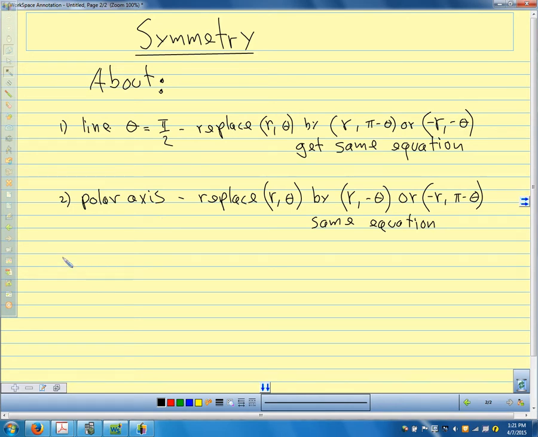And then finally, we're going to talk about symmetry about the pole. And the pole, when we're talking about polar coordinates, what do we mean when we say the pole? The origin. So symmetry about the origin.